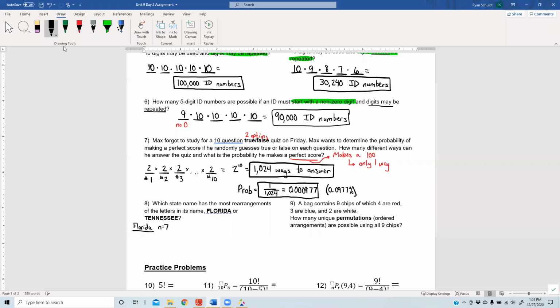There's 7. Do any of them repeat? No, we have no repeats. So that means there's 7 factorial arrangements, which gives us 5,040 ways to arrange Florida.